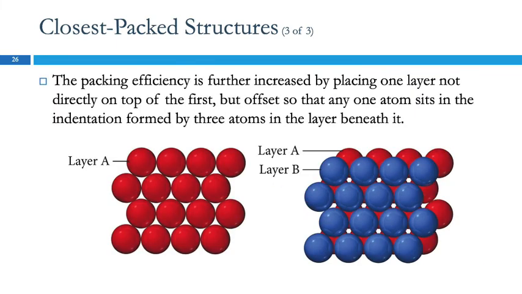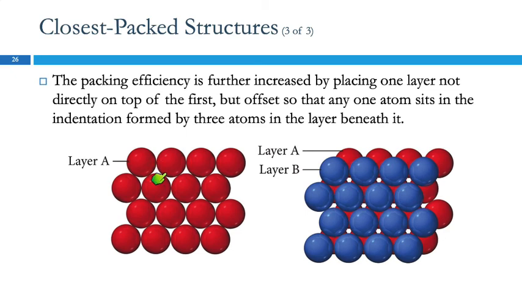And then when we put the layers together, there's different ways to put the layers together. So we can take layer A and layer B, and we're not going to put layer B directly on top. We're going to put it in those little divots, the indentation.